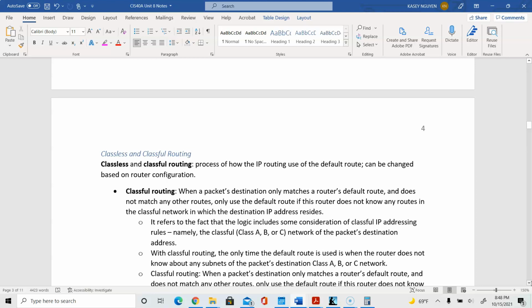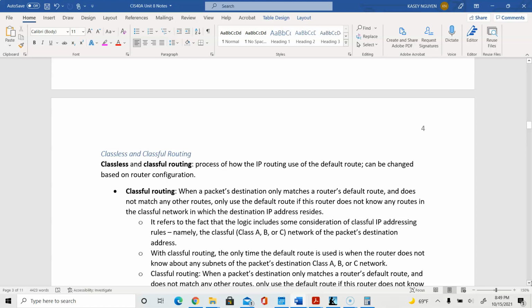So it's going to follow the default route, just like how we talked about IP addresses. It uses the default subnet mask. So classful routing uses the default route, and if the router does not know any routes in the classful network in which the destination IP resides, then it will not be able to match any routes. So it has to know the default route.